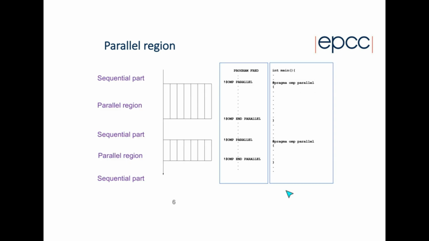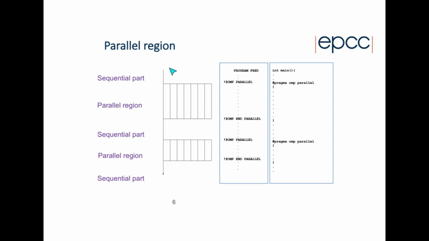Okay, it's a little bit easier to think about with a diagram, and a sneak preview of some syntax here. In Fortran, a parallel region is a block of code between a parallel and end parallel directive. In C and C++, it's the block of code, usually in curly braces, which follows a #pragma omp parallel directive. These cases are equivalent.